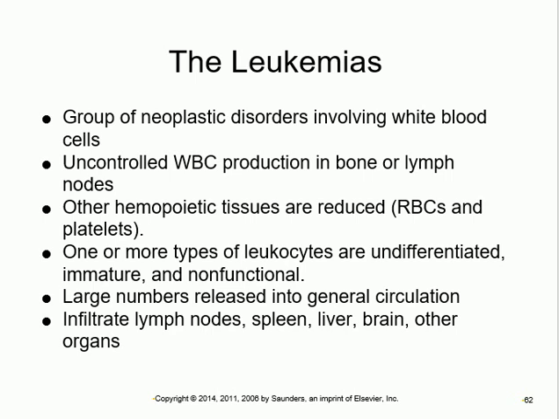You're talking about 300,000, not 20 or 15,000. So leukemia is uncontrolled production of a huge number of white blood cells that contain cancer. Cancerous white blood cells. Okay?